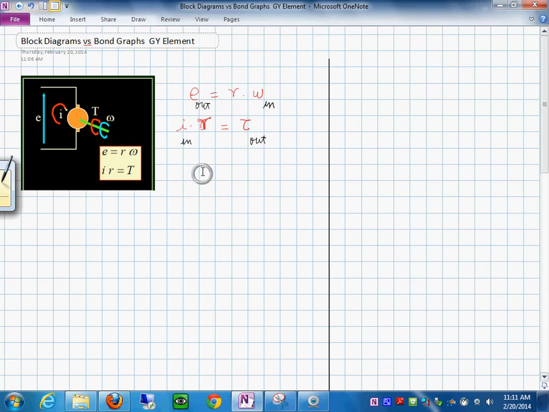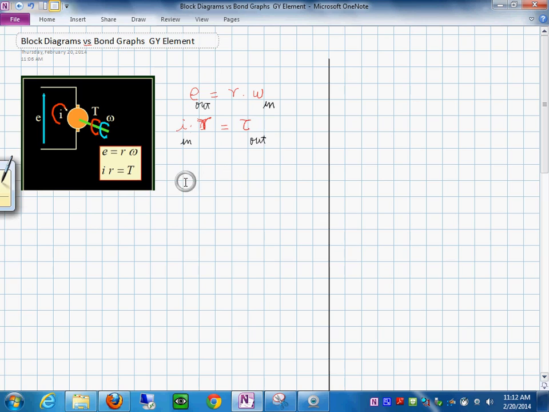So we have this situation where we relate the voltage to the angular velocity. You see that right there, they are not the same family of variables, because voltage is an effort variable and angular velocity is a flow variable. And we have a flow variable multiplied by the modulus gives us a torque, which is also an output variable.